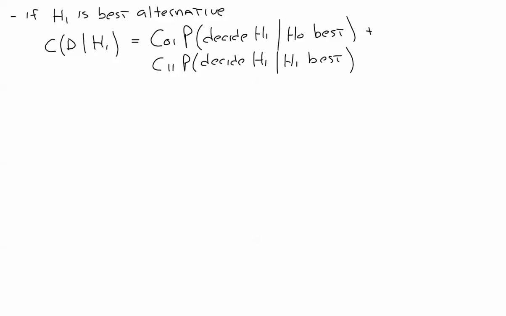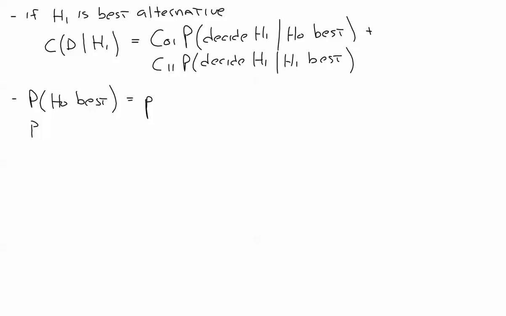All right. Next piece of the puzzle. We're going to let the probability that H sub 0 is best equal little p.